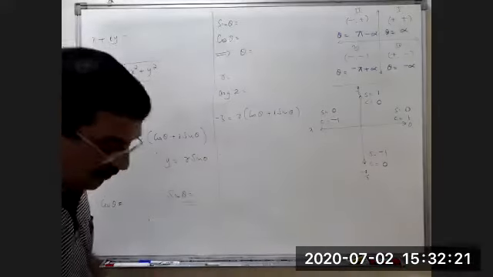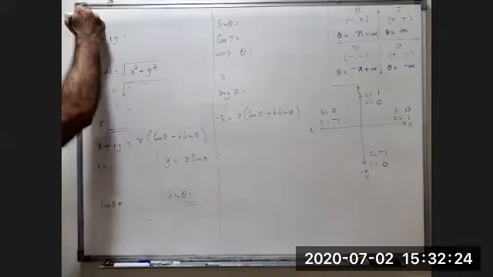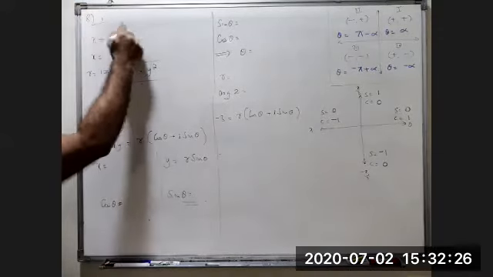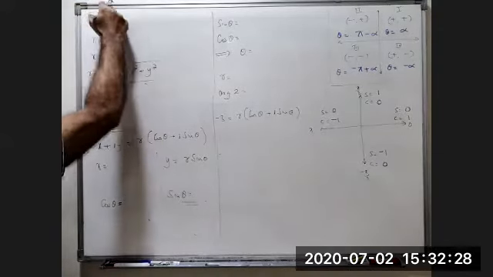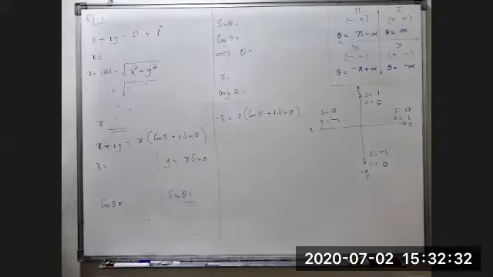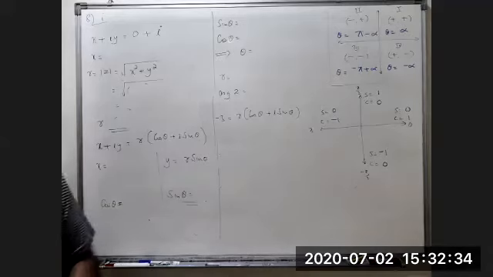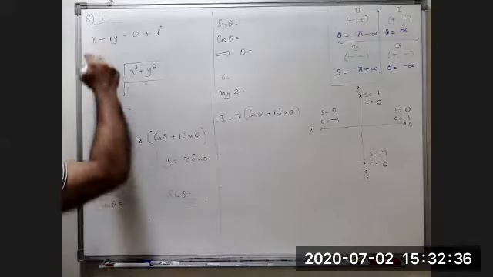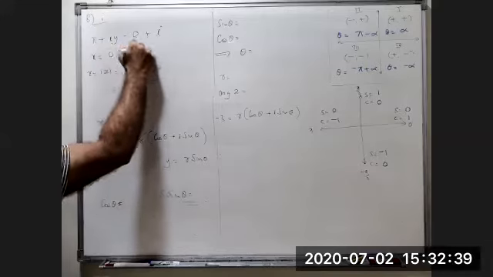Question number 8. It is i. So x plus iy, here the real part is 0. So 0 plus i. X is 0, y is 1.